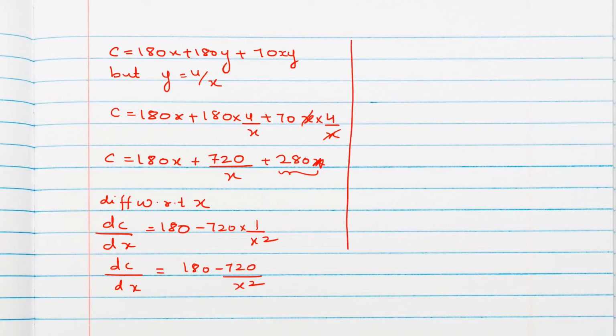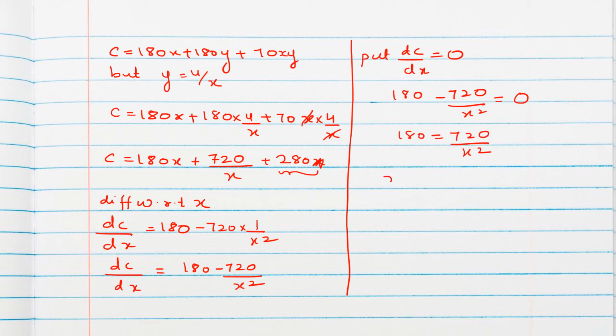Now the next step is what? Put dC by dx as 0. So 180 minus 720 by x square equal to 0. So 180 equals 720 by x square. That means 720 by 180, we can write. So this will give 4.